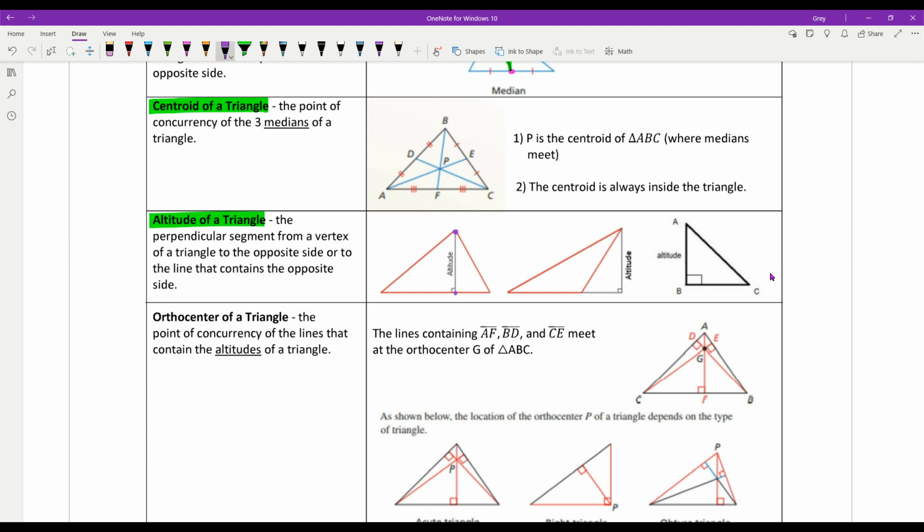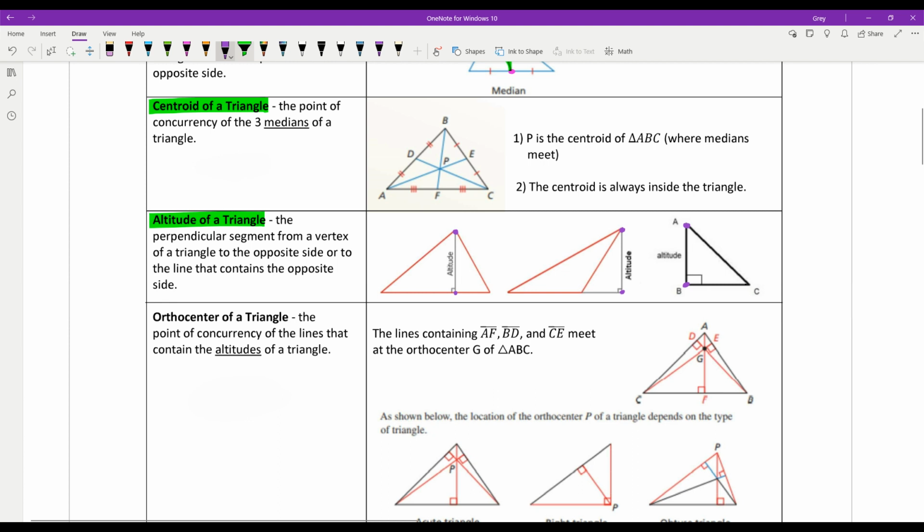In an obtuse triangle, I'm going from the vertex to the line containing the opposite side, but I have to be perpendicular, so it can't be inside the triangle. And of course, if it was a right triangle, then that altitude is actually one side of the triangle. So you have different possibilities there. But you've got to remember, it's the perpendicular distance from the vertex to a line containing the opposite side.